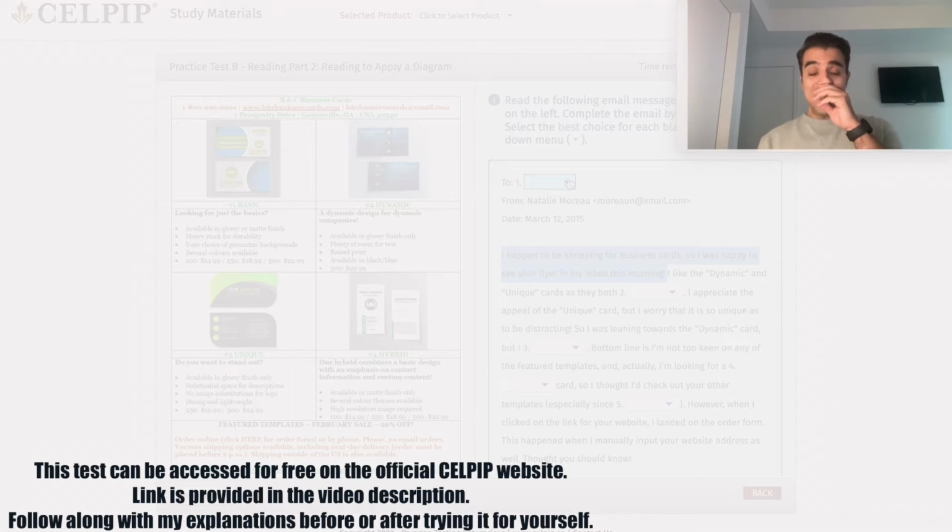Again, notice I didn't look at the options right off the bat. That would have been a mistake, because you're giving the test designer a chance to trick you by including things that do appear in the flyer, seem reasonable, but are wrong.